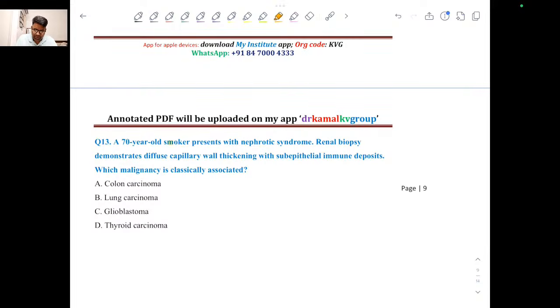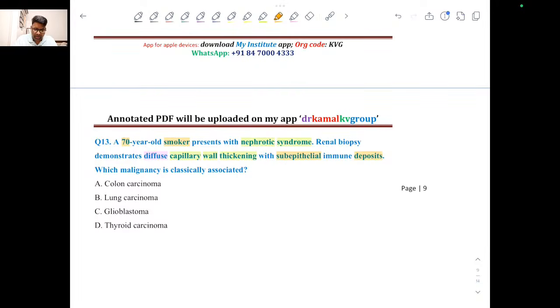So, moving forward to next question, a 70 years old smoker. So, elderly smoker has nephrotic syndrome. Then renal biopsy shows diffuse capillary wall thickening with subepithelial immune deposits. Which malignancy is classically associated?